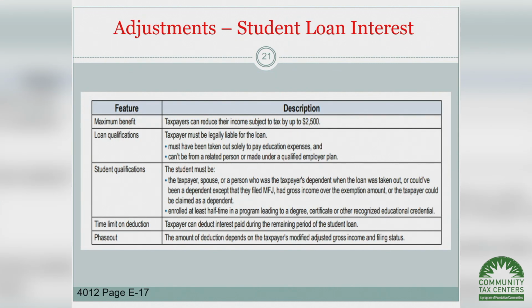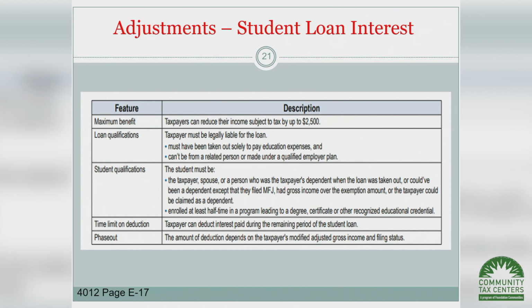This is the one that I had mentioned earlier that I had confused with the educator expense. This is the student loan interest. What the law says, if an individual is repaying a student loan, then the law is going to allow them to deduct up to $2,500.